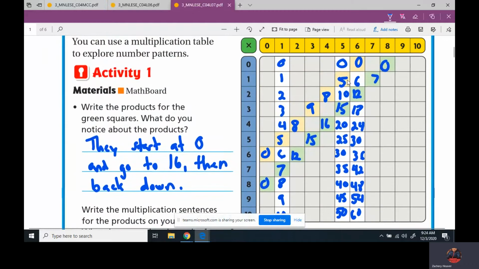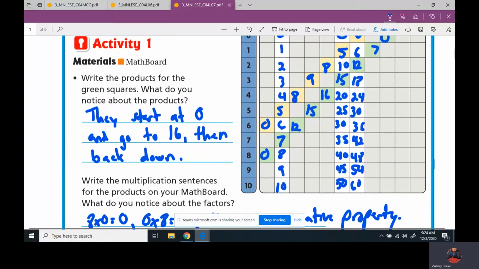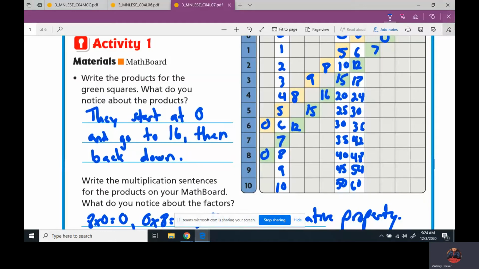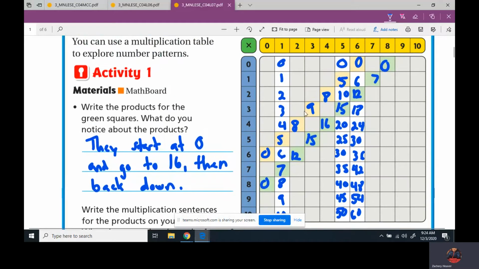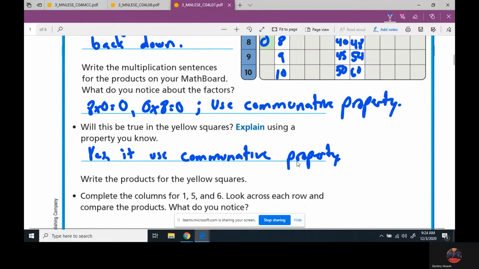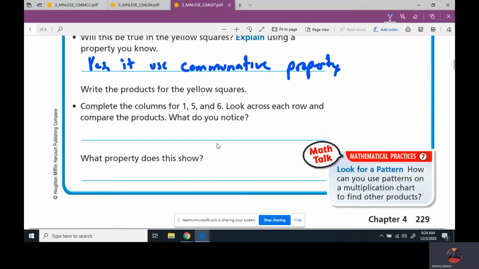So 6 is going to be a little bit tough, and hopefully some of you guys might have a multiplication chart with you, but it kind of helps you see. We're just skip counting by 6. For example, 10, 12. These should be 3 apart. These should be 4 apart. These should be 5 apart because we're 5. These should be 6 apart because we're 6. These should be 7 apart, 8 apart, 9 apart, 10 apart. What do you notice?